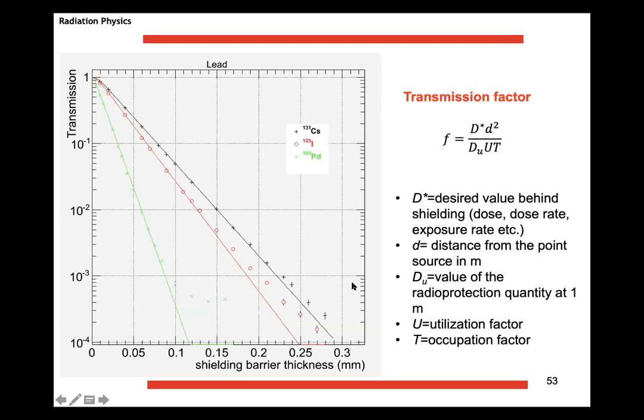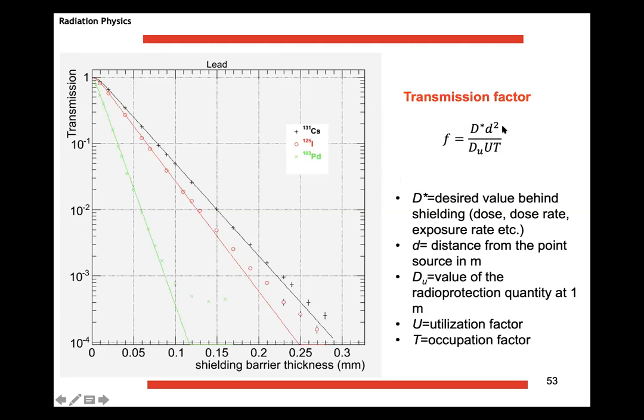This is a beautiful one. And here you get the transmission factor F, for the case of lead as the shielding barrier, and this is the transmission factor for cesium, for iodine, and for palladium.